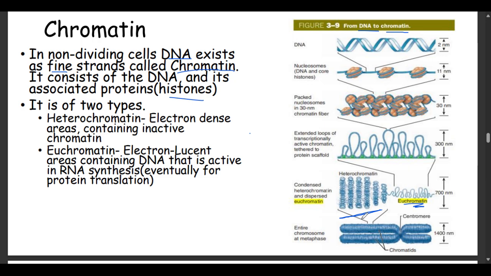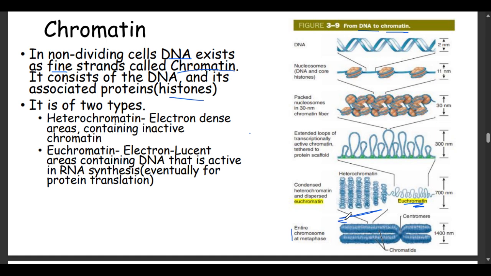Okay, and then when you pack this further, you're going to get what is known as a chromosome. Okay, chromosome, that's an entire chromosome that is duplicated with a centromere there, that we're going to explore further when we're talking about cell division. Okay, so this is where now the euchromatin and the heterochromatin comes in that I just explained.